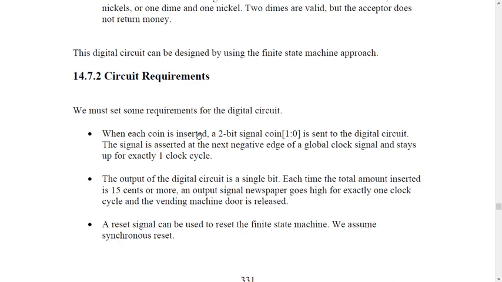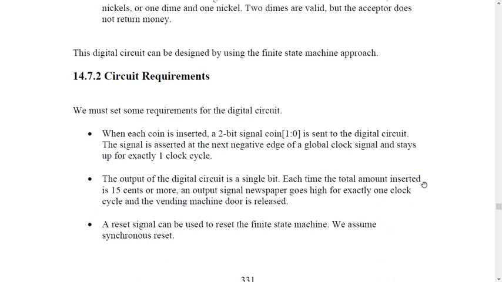We must meet some requirements of the digital circuit. When each coin is inserted, consider I put in some coin, a 2-bit signal, coin[1:0], is sent to the digital circuit. The signal is asserted at the next negative edge of the global clock signal and must stay up for exactly 1 clock cycle. The output of the digital circuit is a single bit.